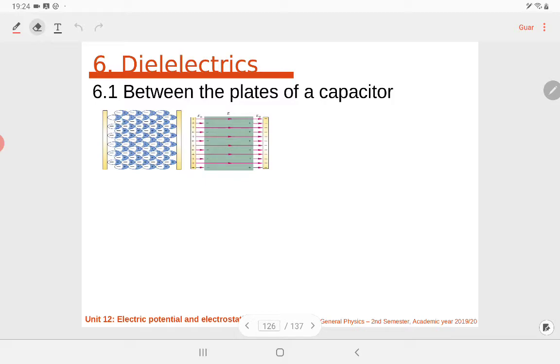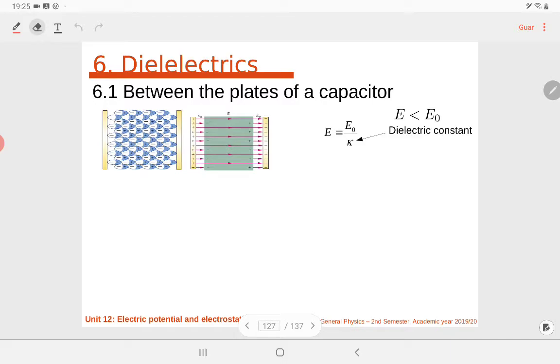So in another representation, we can call E sub 0 the electric field externally applied, which would be the electric field in the whole space if the dielectric wasn't there. However, when we put the dielectric inside, the electric field is not equal to E sub 0, but it's equal to E, which is smaller than E sub 0.